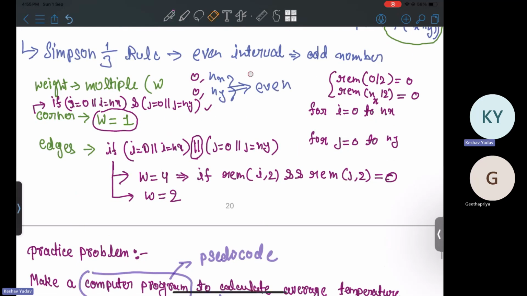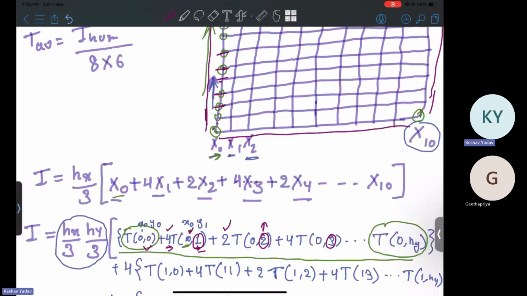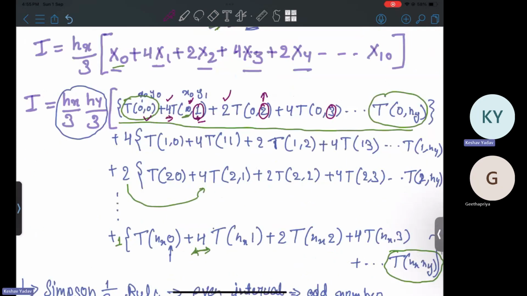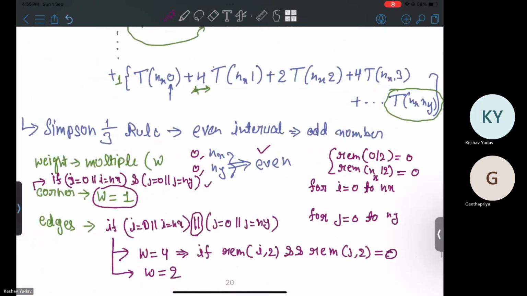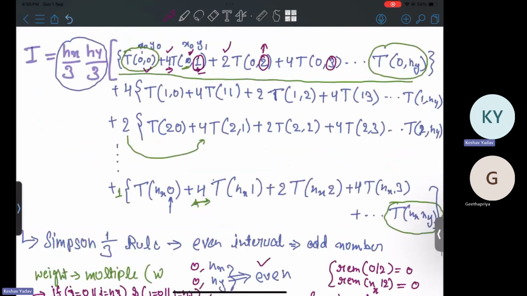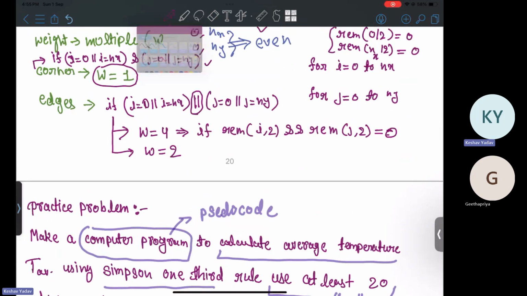One even will come from the edge, the other even will come from here. Now if both are even, you see here, the weight will be 2. Okay.